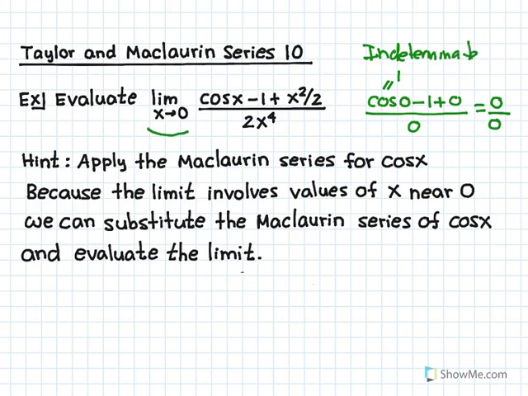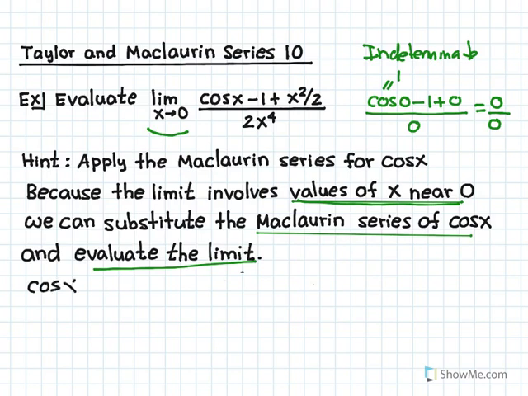But in this case, we're going to apply Maclaurin series to evaluate the limit. Because this limit involves values of x near 0, we can substitute the Maclaurin series of cosine x and evaluate the limit. So let's start with the Maclaurin series of cosine x.